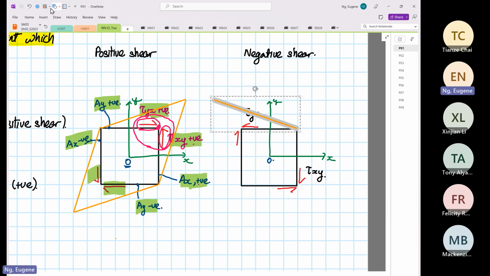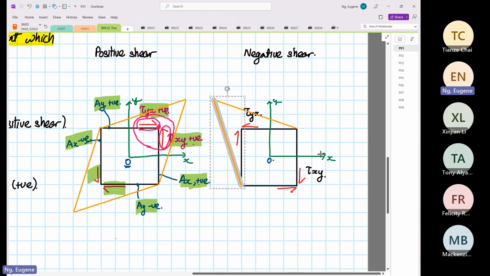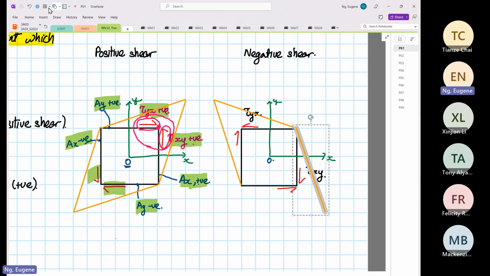Now, how critical is this? It is important because if you get this wrong, your principal plane orientation will be wrong. Okay, so this is important. So this is the deformation pattern for negative shear.